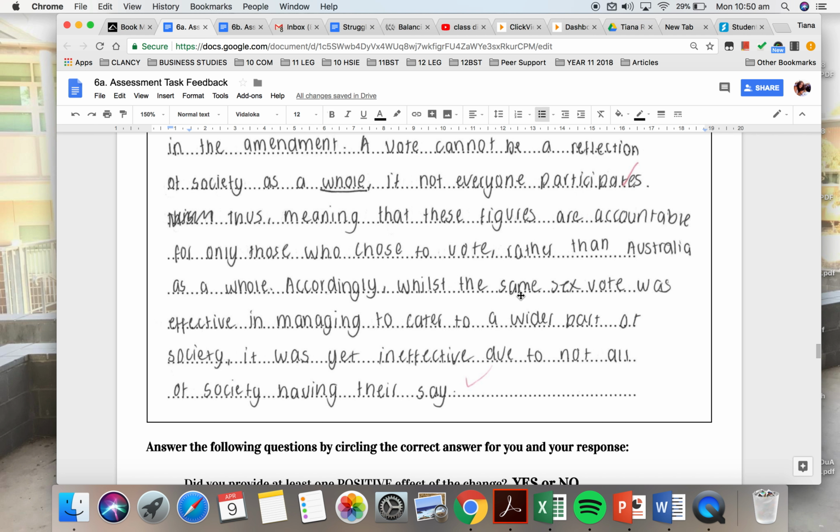Accordingly, whilst the same-sex vote was effective in managing to cater to a wider part of society, it was yet ineffective due to not all of society having their say.